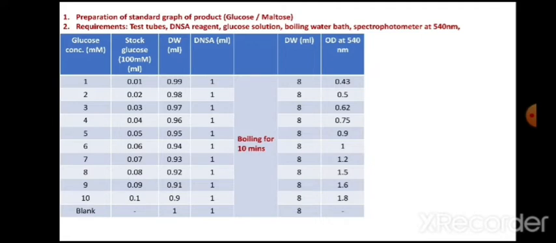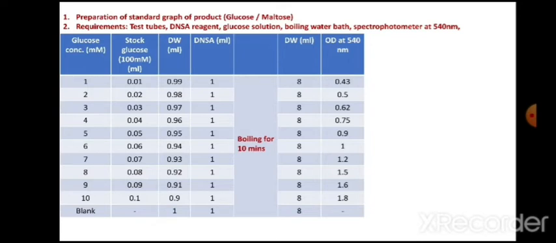Glucose is a reducing sugar, and maltose is a reducing sugar. So we can use DNSA reagent for the determination of the concentration of glucose, as it is a reducing sugar. When this reducing sugar reduces DNSA reagent, it leads to development of a brown color complex, which can be measured colorimetrically.